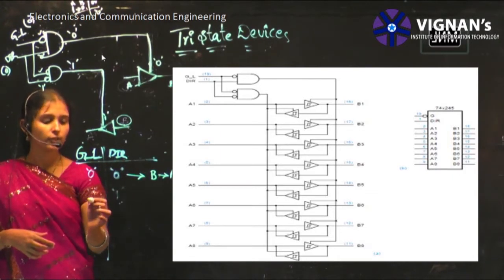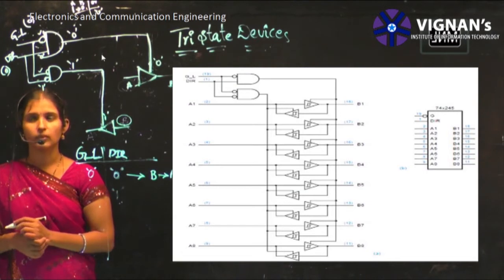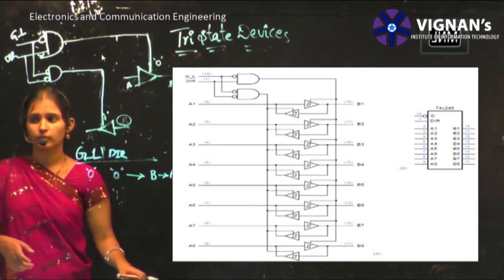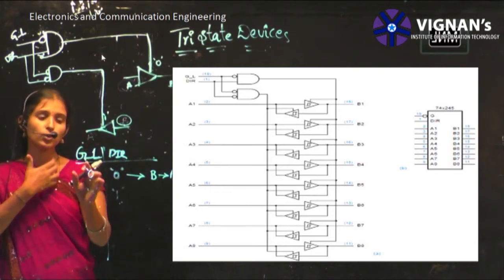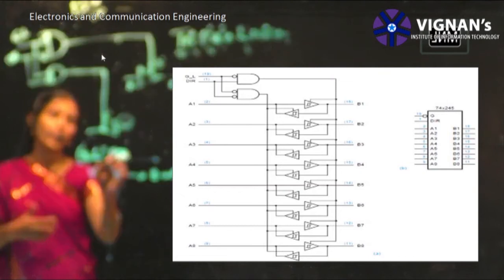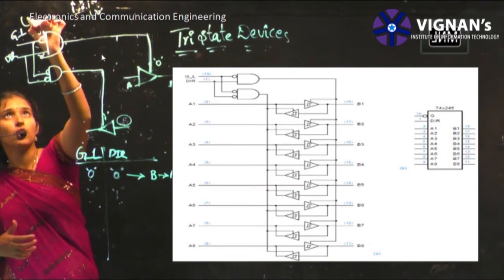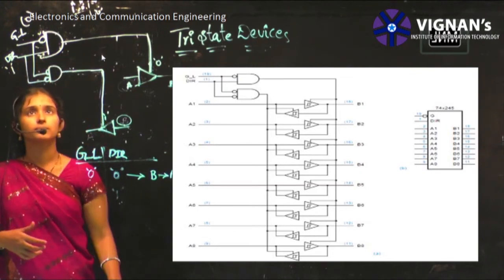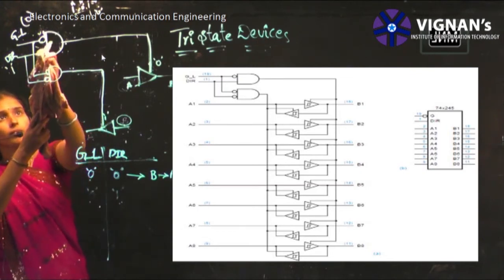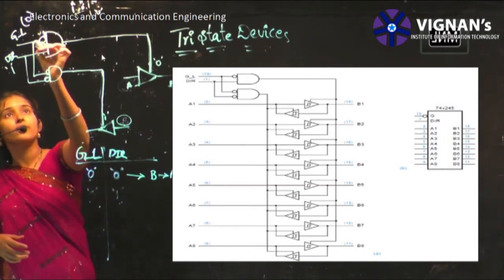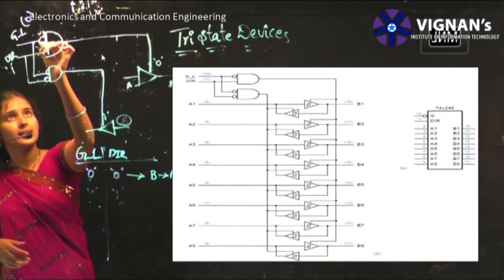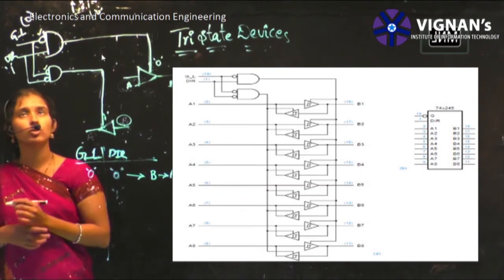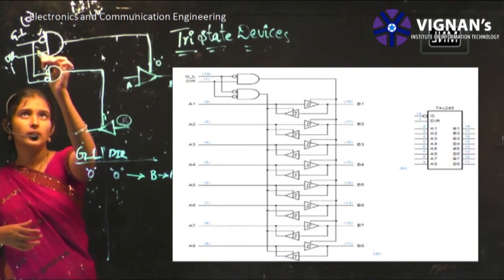At the same time, if you consider the other case, now I want to provide G of L as 0 and DIR as 1. G of L is 0 and it is active low, so this will be in the on condition, and these two are enabled.